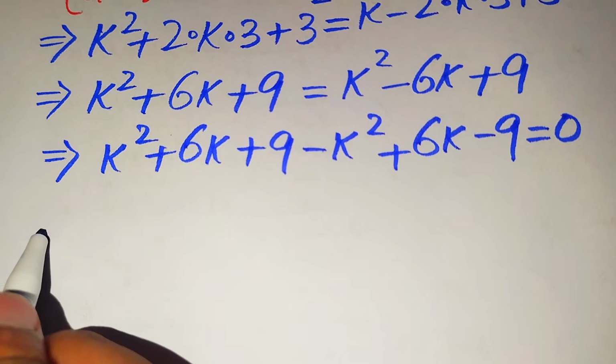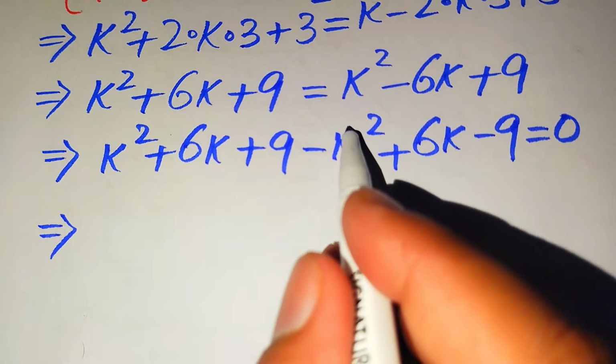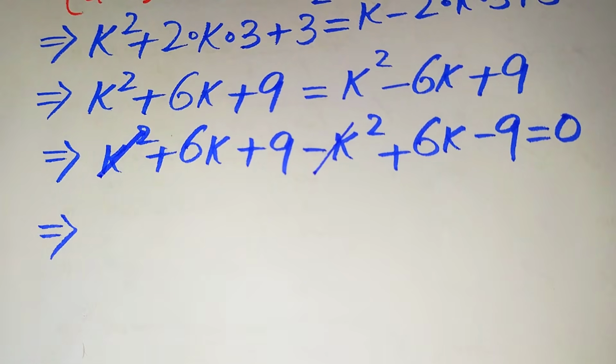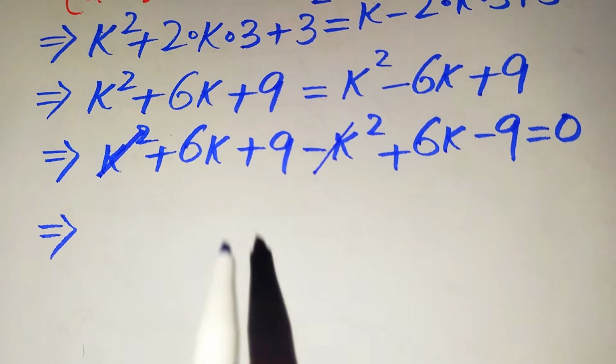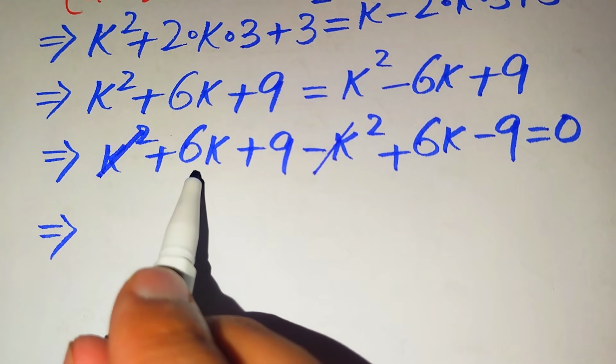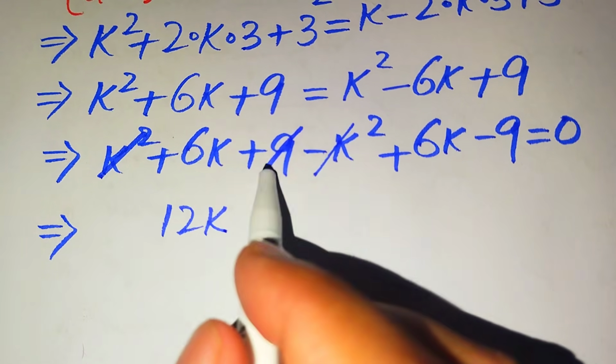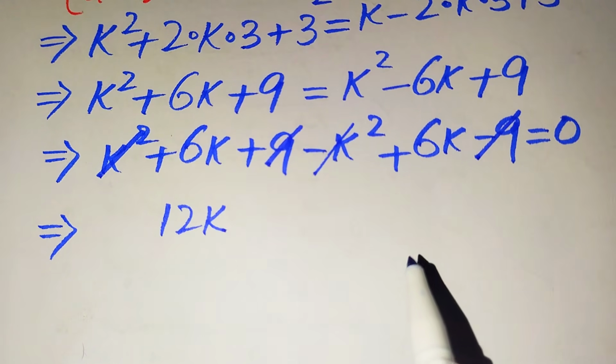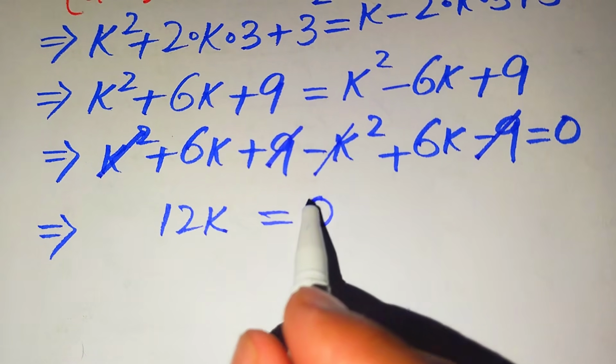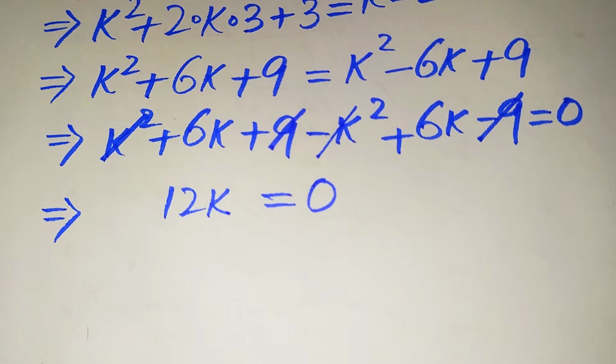And now we need to add or subtract the like terms. You see that this minus k square and this plus k square cancel out each other, and the remaining values are 6k plus 6k becomes 12k, this plus 9 and this minus 9 also cancel out each other, and we get 12k is equal to 0.